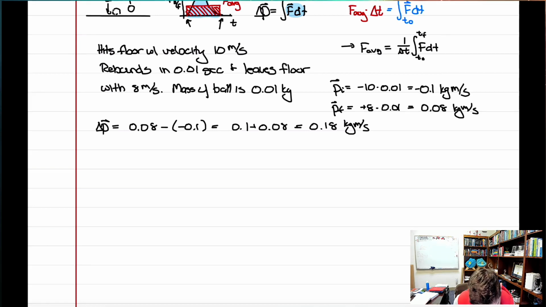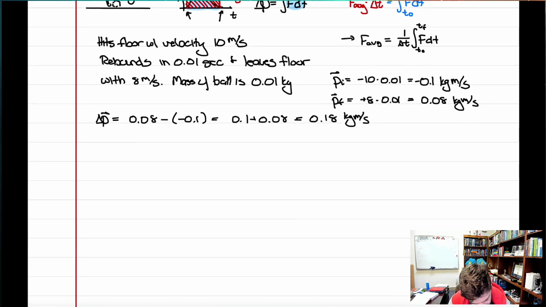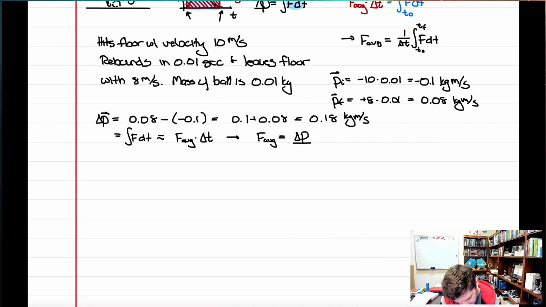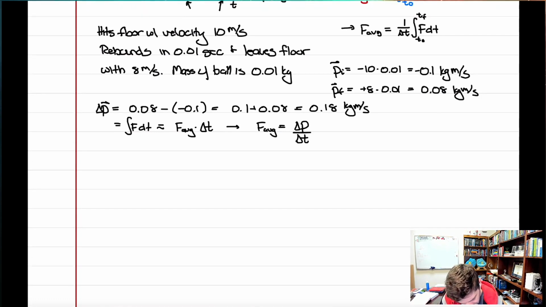Let's see, did I do that right? Yes, it's positive, which makes sense because I know then if this is the same thing as the integral of f dt, which I'm going to approximate as f average times big dt, then that looks like the average force is going to be delta p over delta t, or 0.18 divided by 0.01, or 10 to the minus 2.